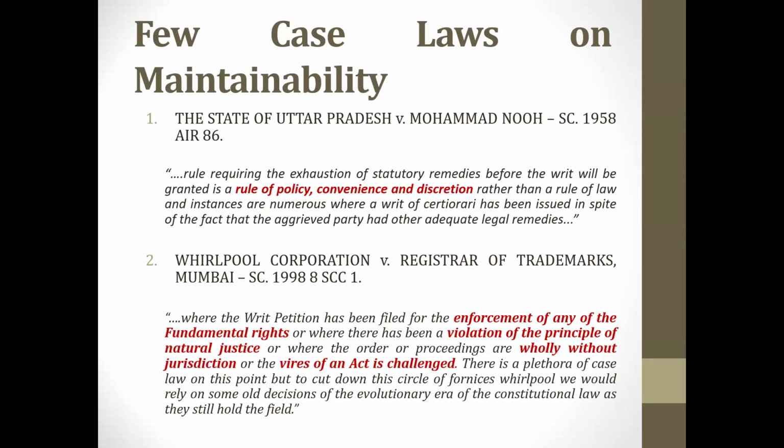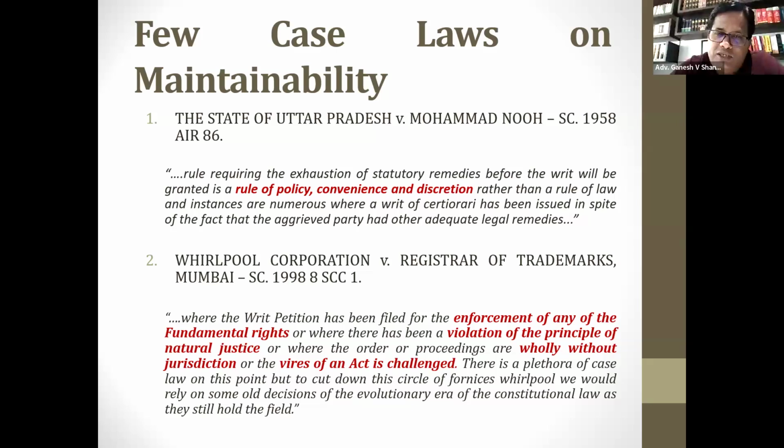No issue. Yes, sir. The rule of policy, convenience, and discretion, rather than a rule of law, and instances are numerous where a writ of certiorari has been issued in spite of the fact that the aggrieved party had other adequate legal remedies. So this is the example where it gives leeway to the petitioner to approach writ remedies.